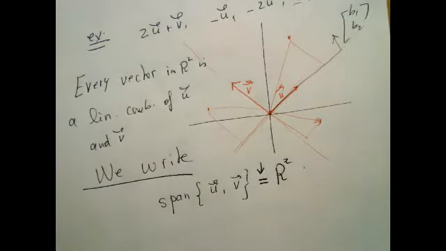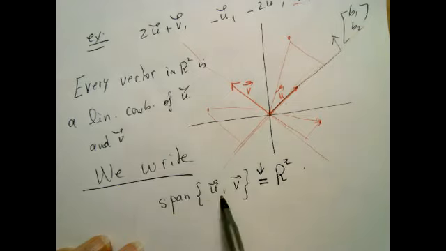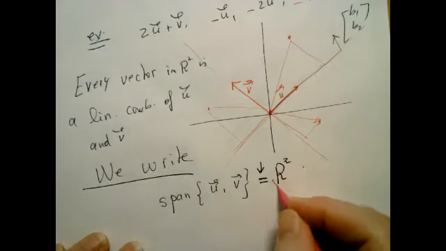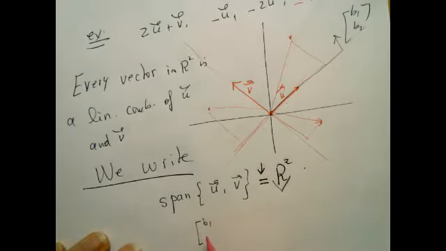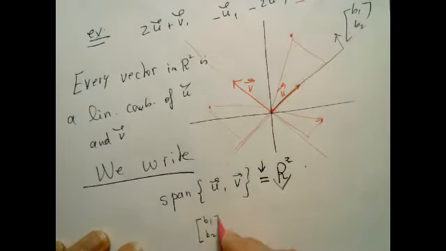Okay, so what does it mean when I say that the span of U, V is equal to R2? This means the following. If I take any vector in R2, I call it (b1, b2).